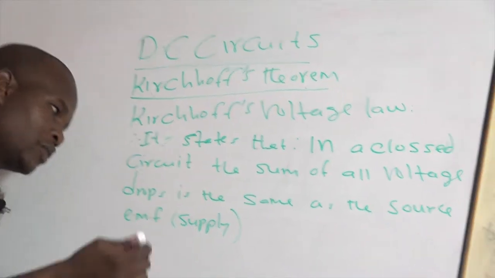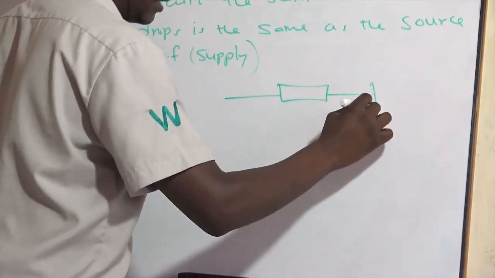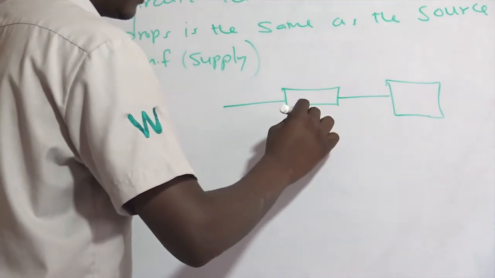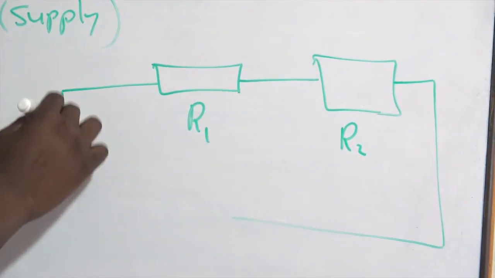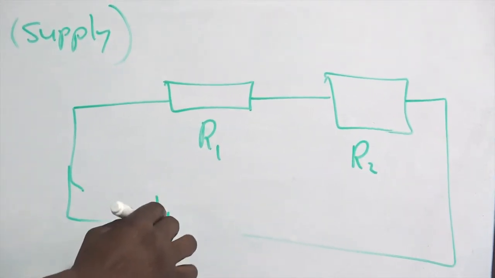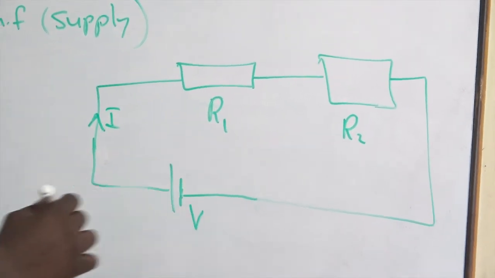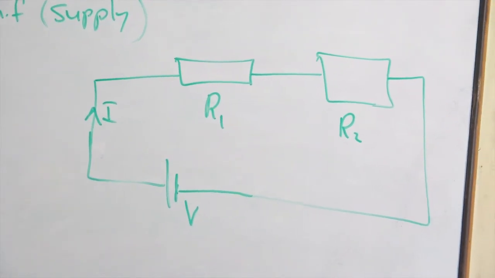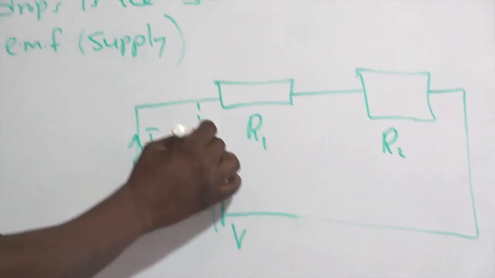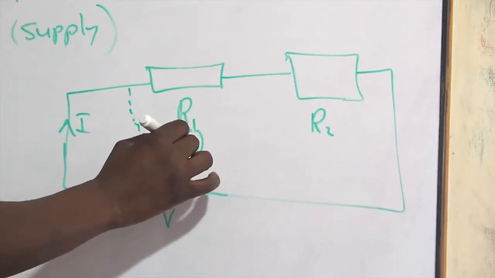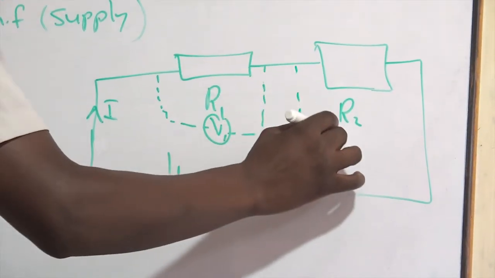For example, if we have a circuit like this, this is R1, this is R2, and here we have the current I, and this is the voltage V. This shows the voltage drop across this resistor, if we put a voltmeter V1, and we put another voltmeter here, V2.